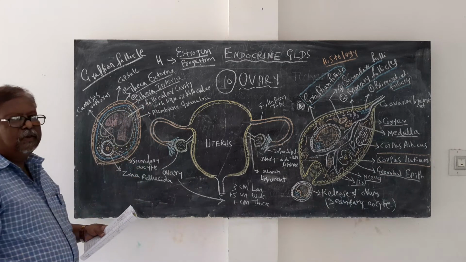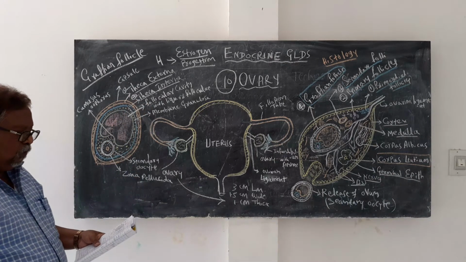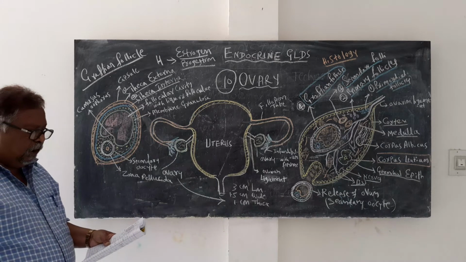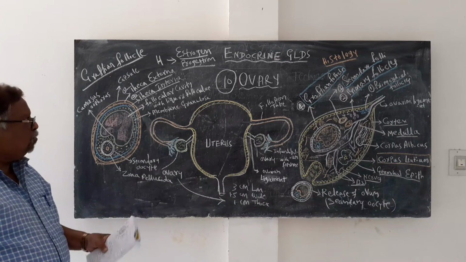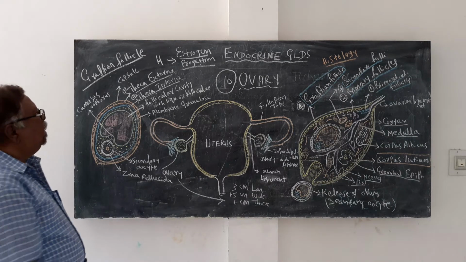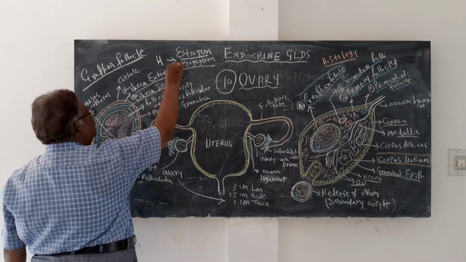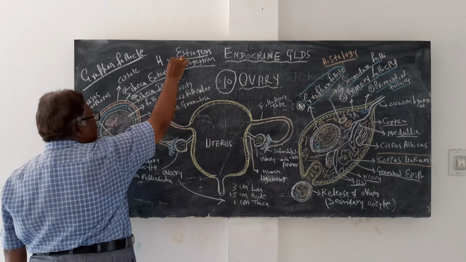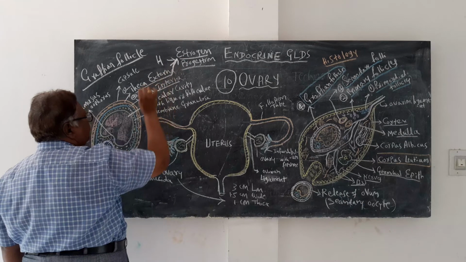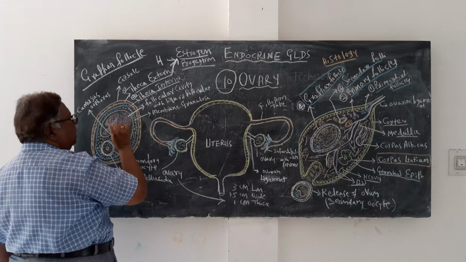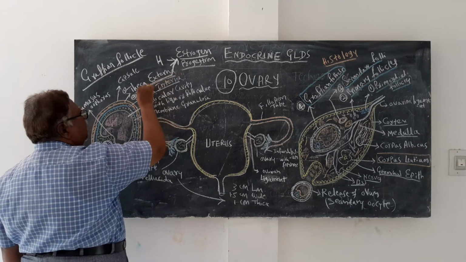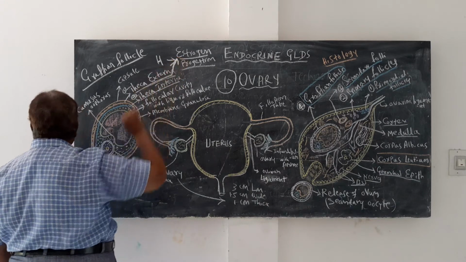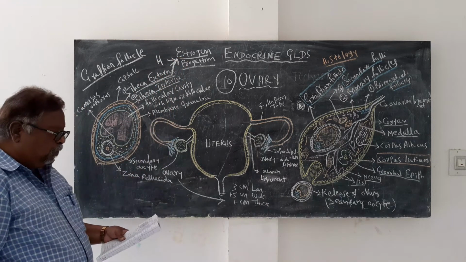Vascular means blood vessels are present in it. And the outer fibrous layer called theca externa, which produces the estrogen hormone.